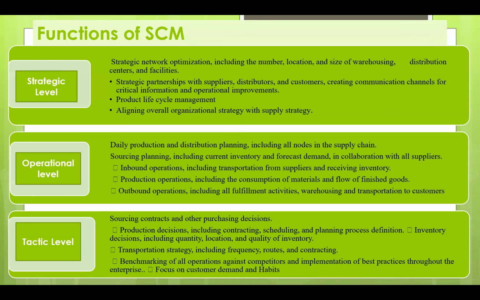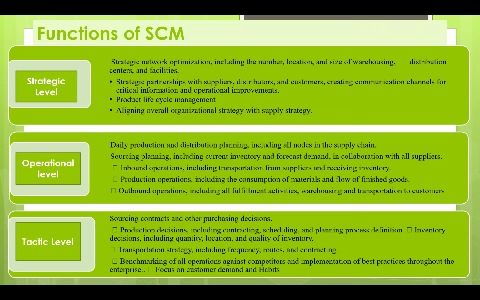Now, coming to the functions of supply chain management. The functions of supply chain management are generally performed at three levels, that is, strategic level, operational level, and tactical level. Coming to the first level, that is, strategy forming or strategic level. Here, strategic network optimization, including the number, location, and size of warehousing centers and facilities, is done.